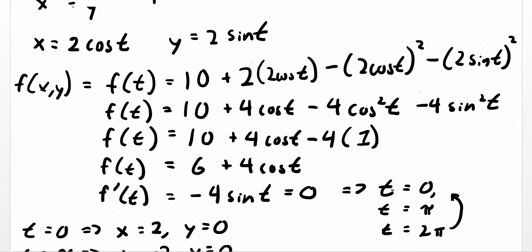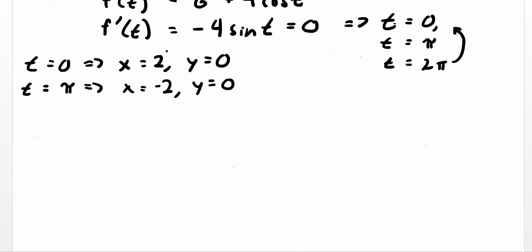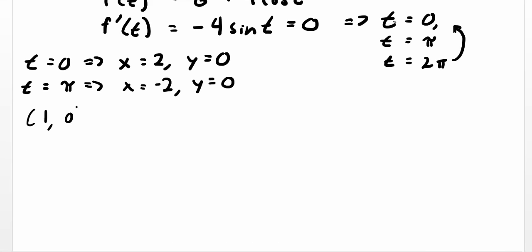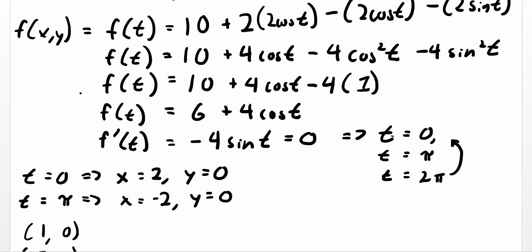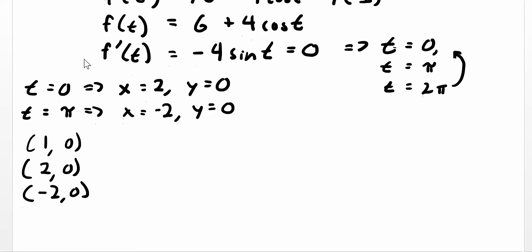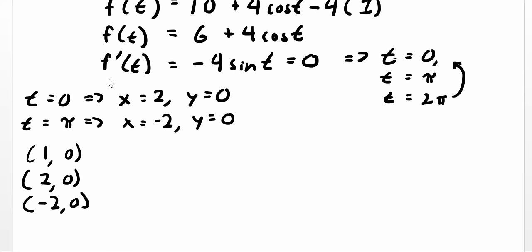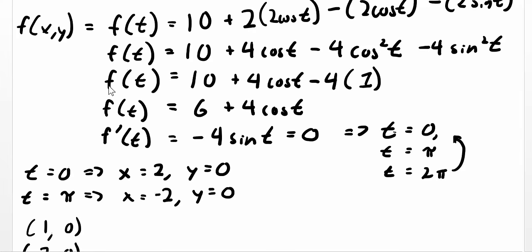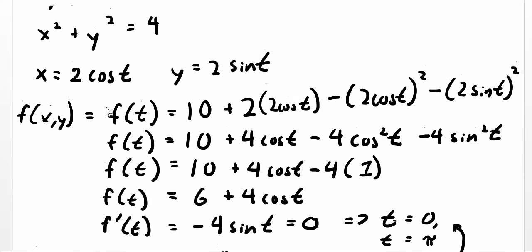Our critical points are (1, 0), (2, 0), and (negative 2, 0). Now we'll just plug them into the original function and see which has the biggest output and the smallest.